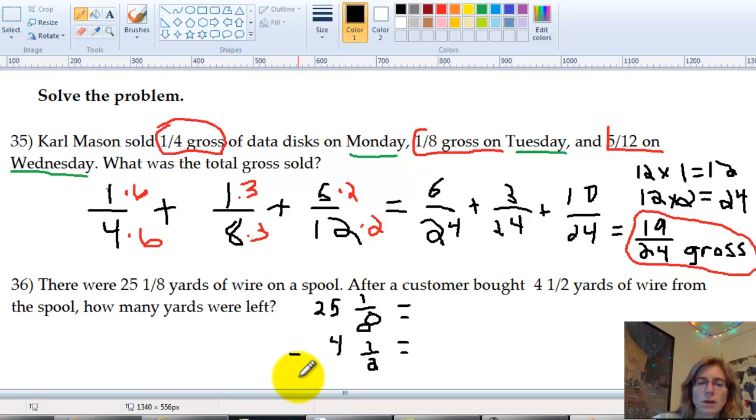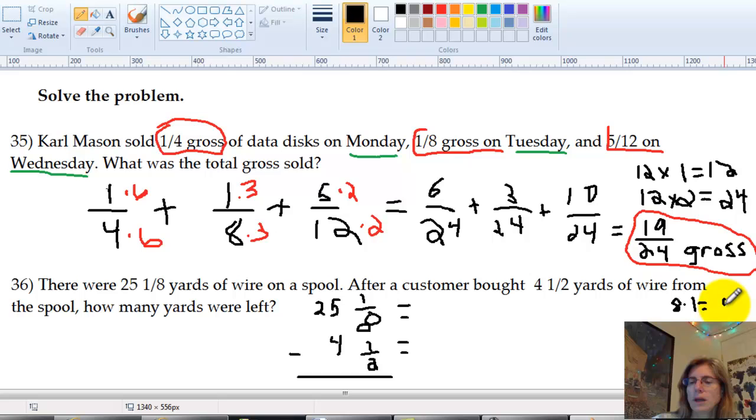Okay, so 25 1/8 minus 4 1/2. We can't subtract these fractions until they have common denominators. But we're not going to touch the mixed numbers. We're only going to change the fractions. We look at our highest denominator and start listing the multiples. 8 times 1 is the first multiple, 8.